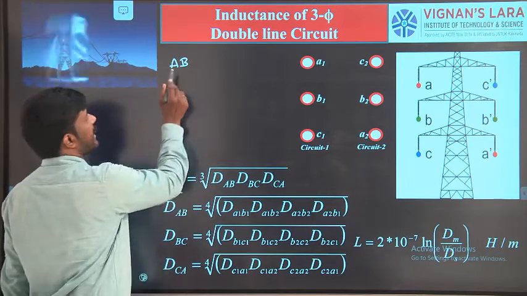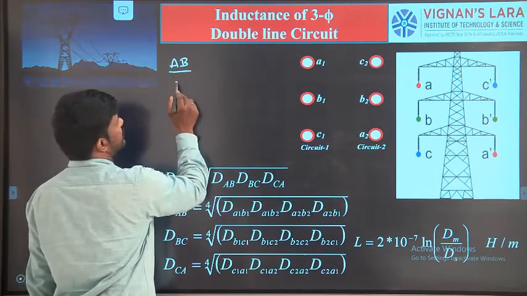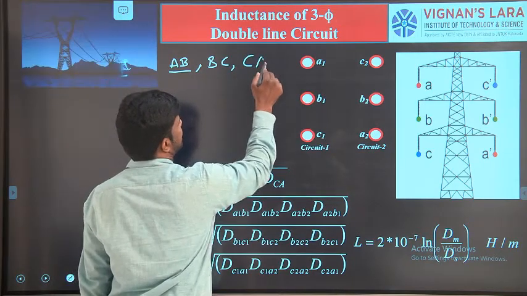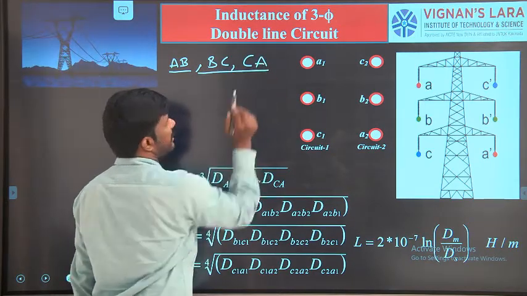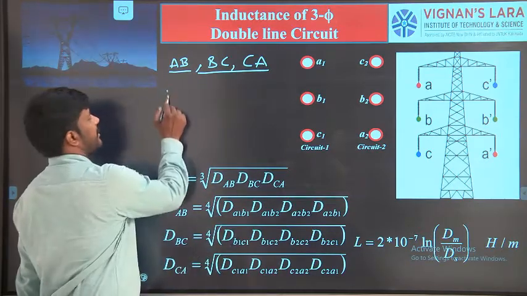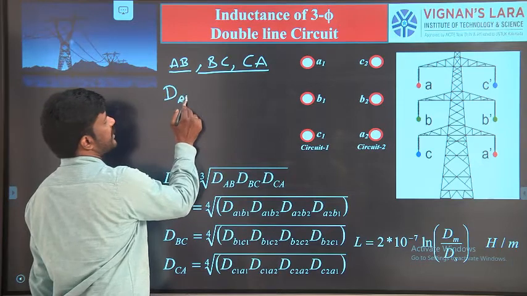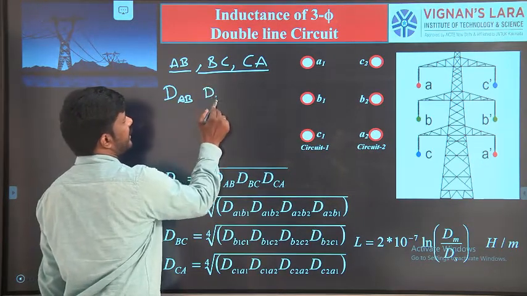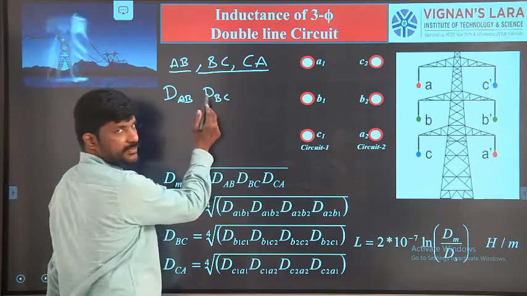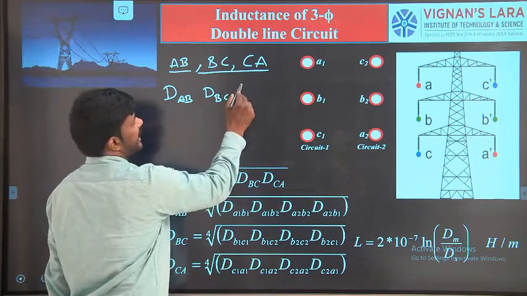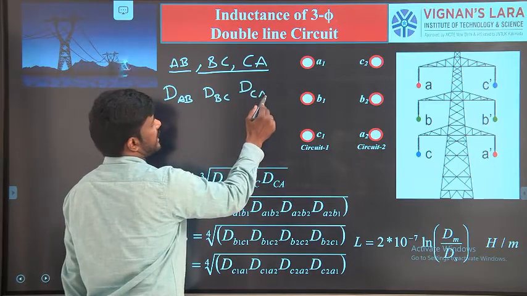Then I can call that as combinations: AB first combination, BC second combination, and CA third combination. These are the three combinations in general available. Then the total value of the mutual distance DAB should be calculated, DBC should be calculated, between phase group B and phase group C, and DCA.